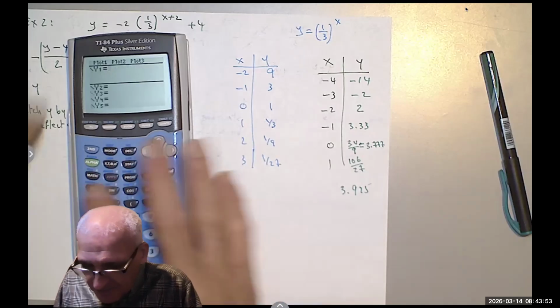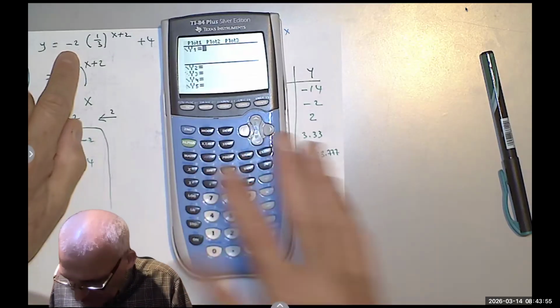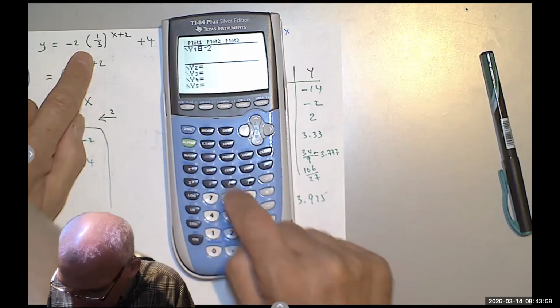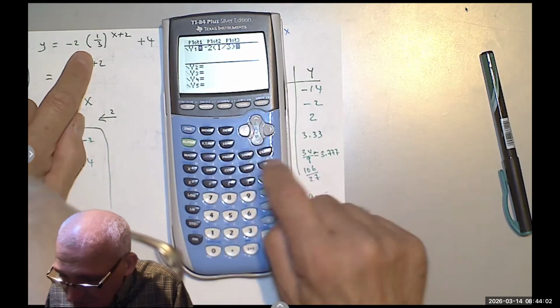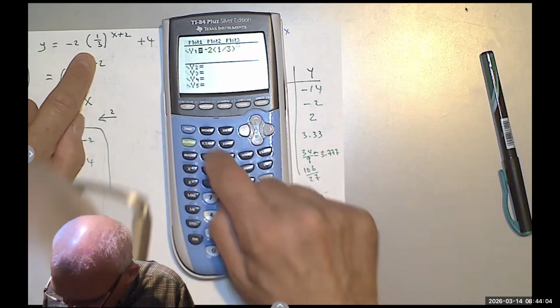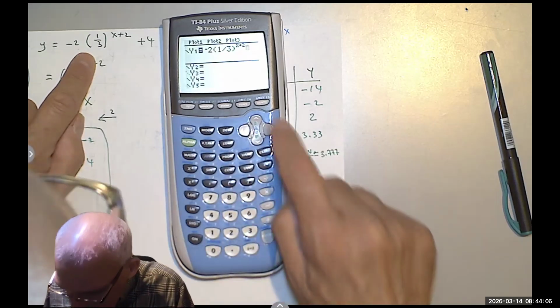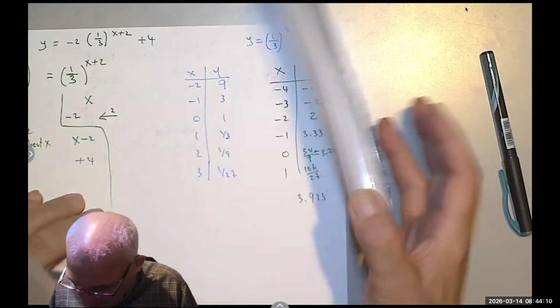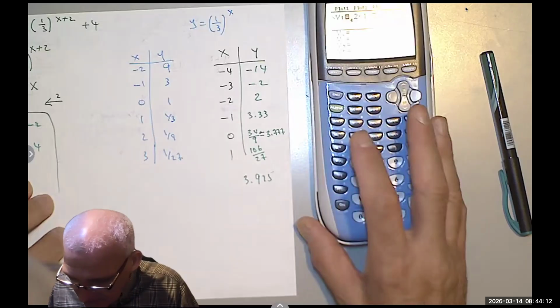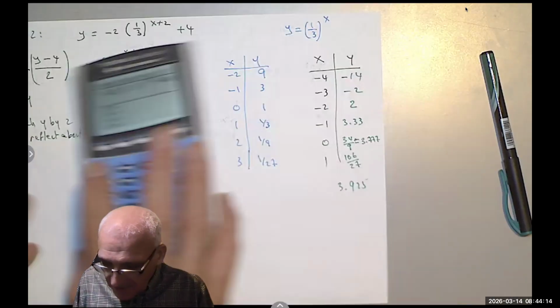Now let's clear the previous function and write the new one. -2 times (1/3) raised to the power of x plus 2, plus 4. Okay.